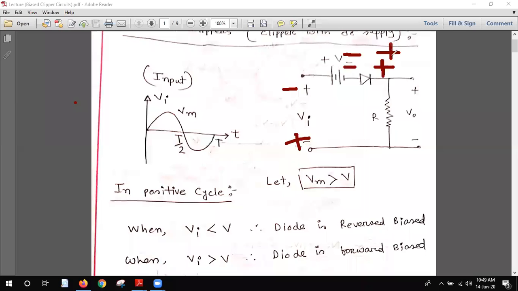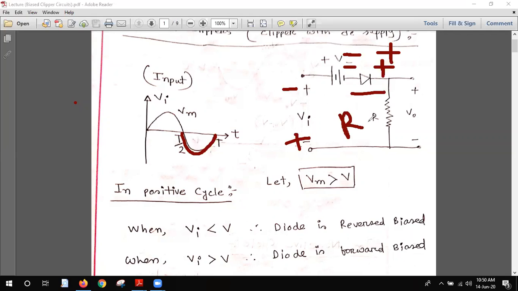What I'm trying to say is that from the very beginning of this negative cycle, for both the input voltage and the DC voltage, this diode is reverse biased.